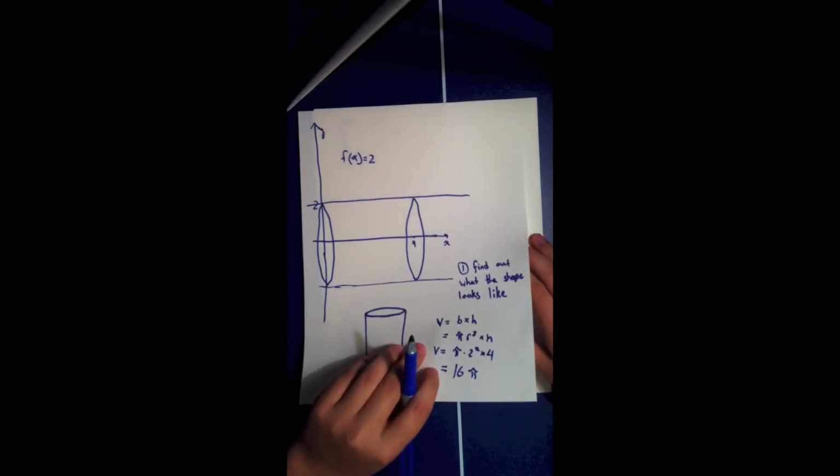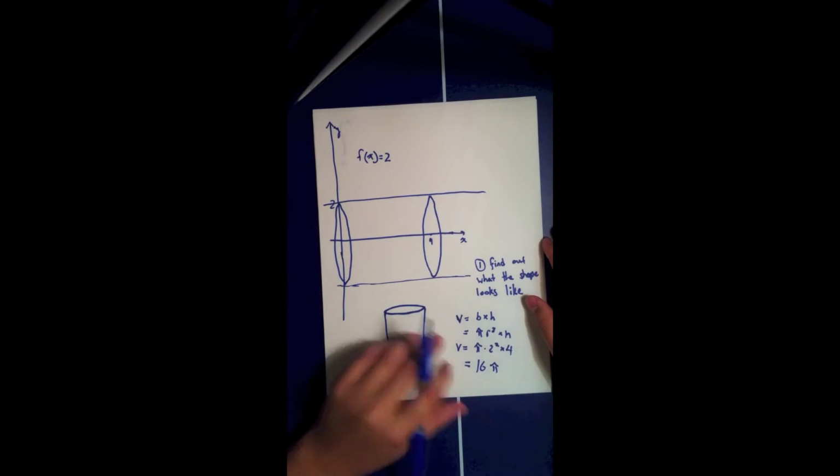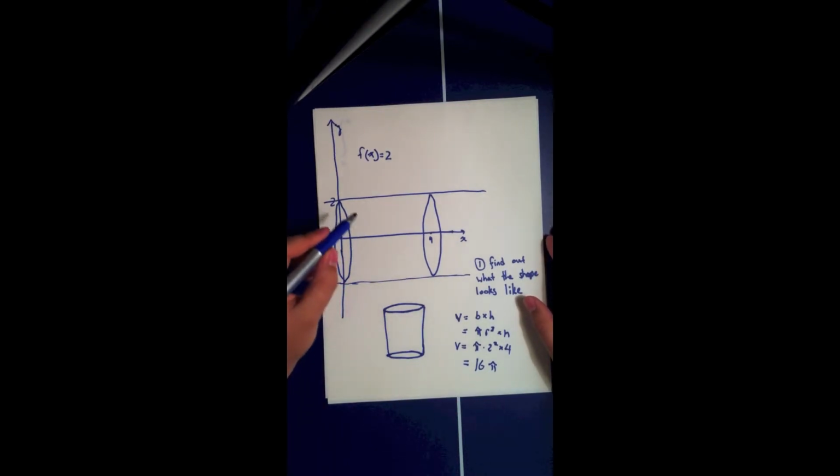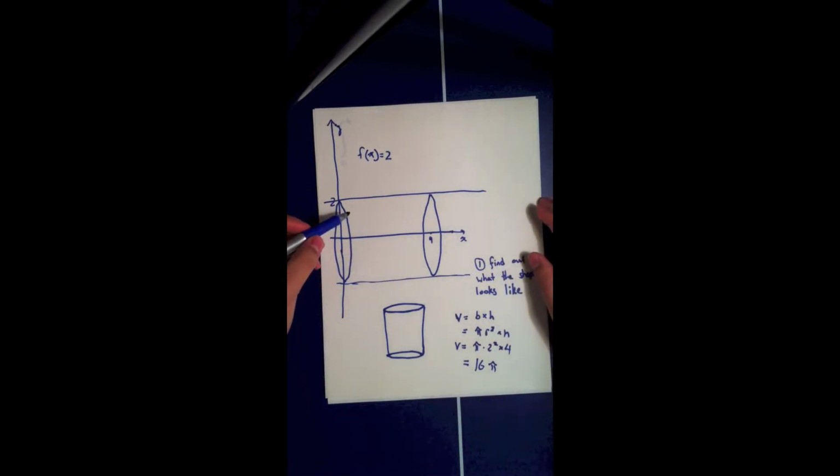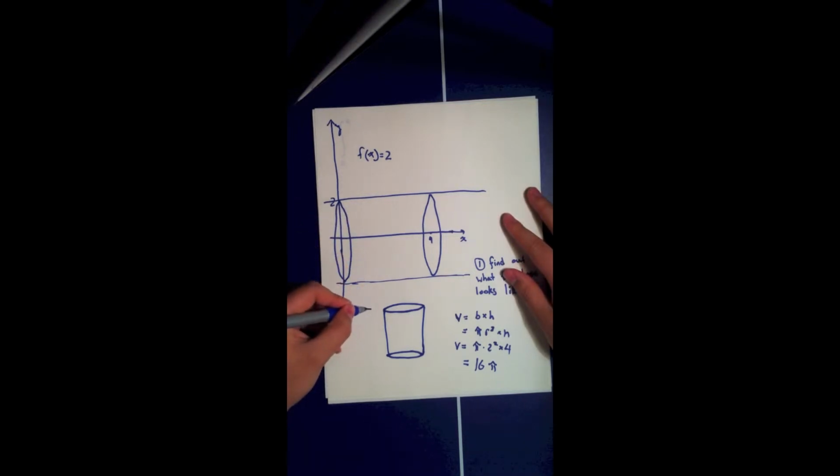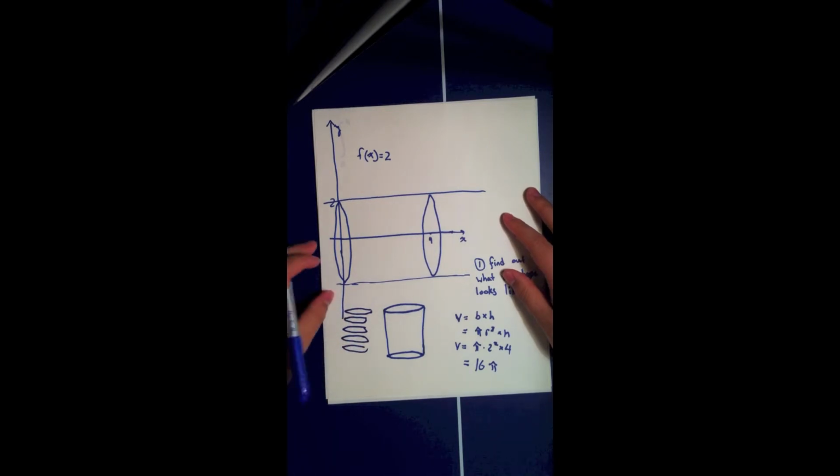And because we're using the slicing method, the function that we're interested in is the area of each of these slices. So a cylinder, as I talked about before, is just a bunch of circles you can think of that are stacked together.